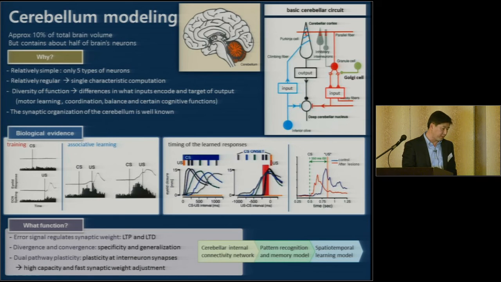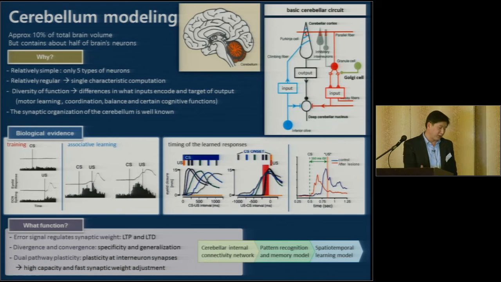So we hope we could put some learning capability in this network, and then maybe we can get some functional characteristic from this simulation.